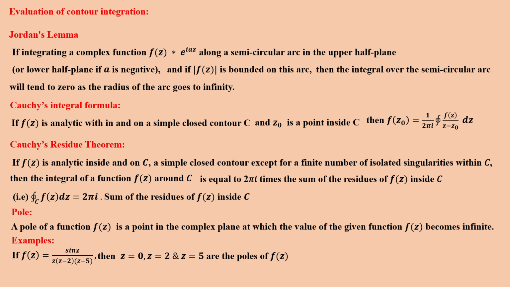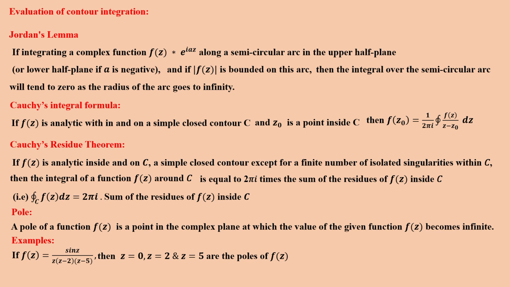If the poles have a power, then it is called the degree or order. Suppose you have z squared in the denominator, then z equal to 0 is a pole of order 2. Suppose you have sin z by (z minus 2) the whole squared, or whole cube, or whole power 5, then z equal to 2 is a pole of order 2, 3 or 5, like that.